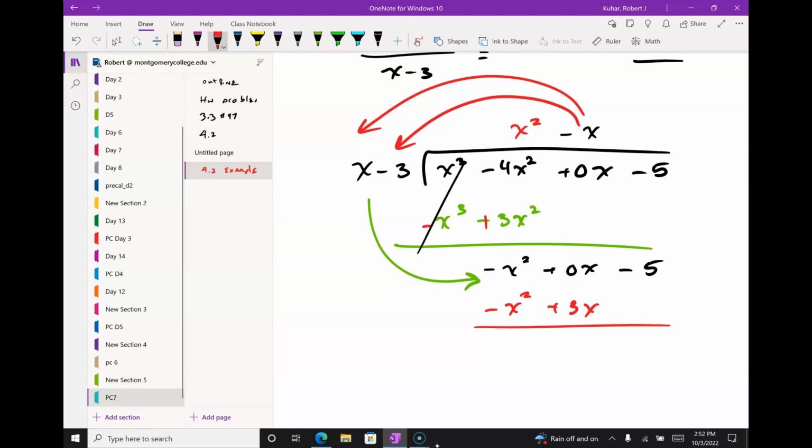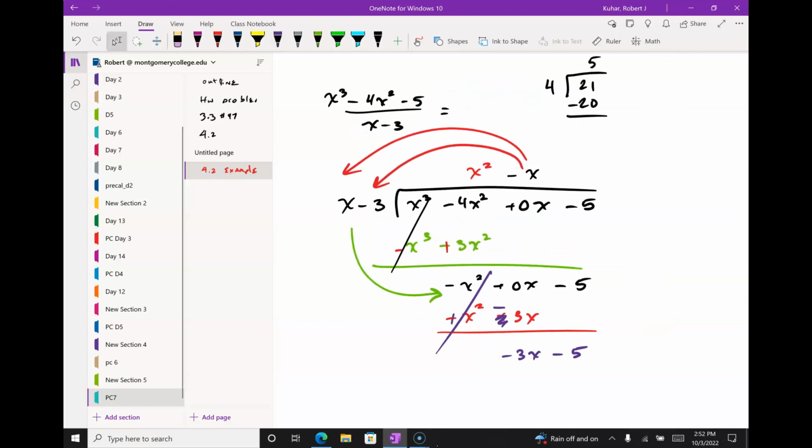Change the signs and add. Change the signs and add. So the first terms go away every time. So I get minus 3x minus 5. Rinse and repeat. Yes, you with me? You're starting to get it a little bit?